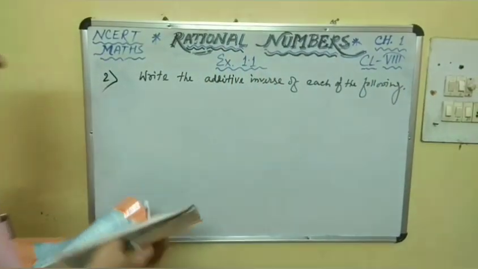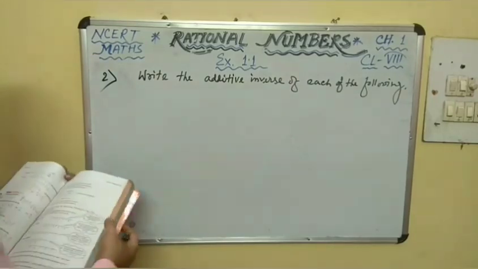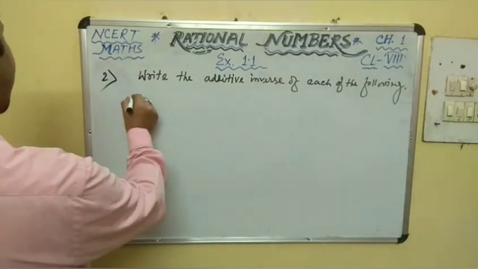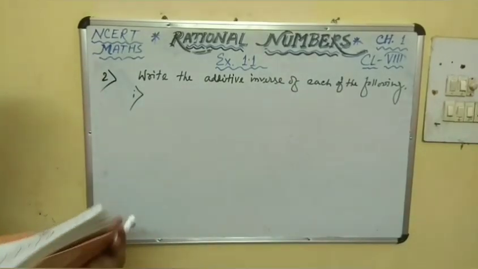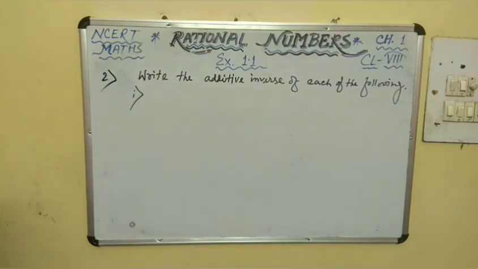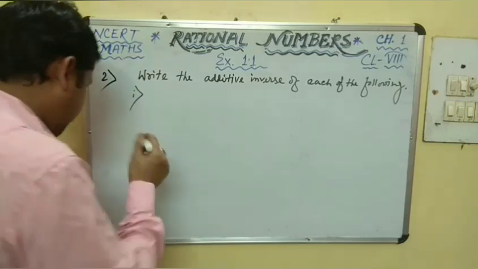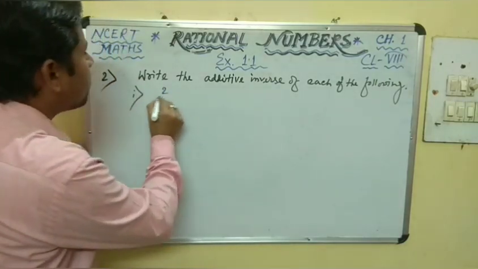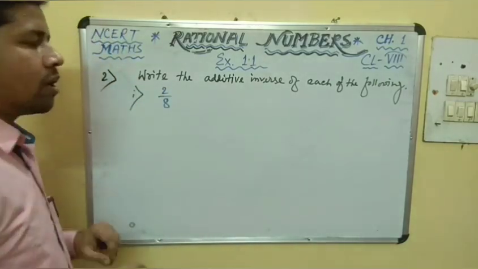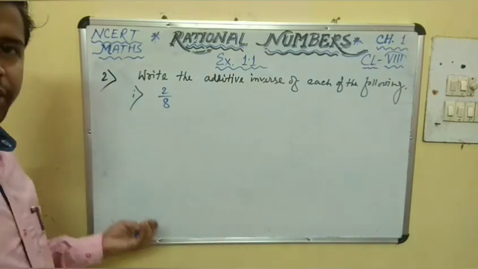It is saying additive inverse. So first of all, the first question is saying 2 by 8. Sorry, 2 by 8. So how do we have to find it?